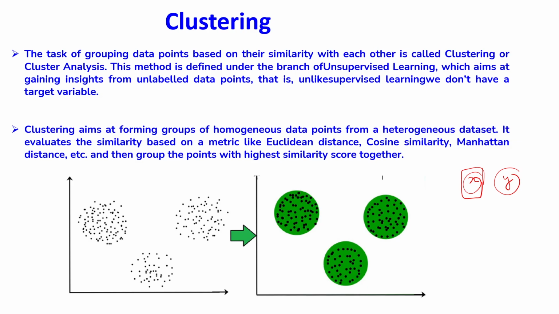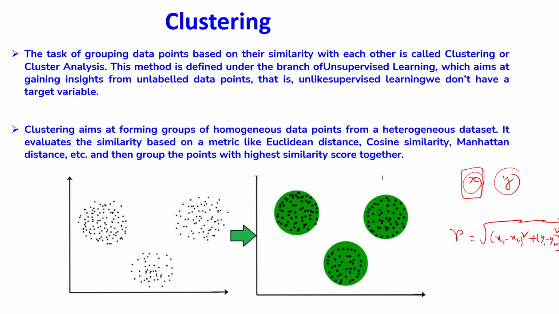When you plot it, our idea is to form groups of homogeneous data from heterogeneous data sets, because it allows us to find similarities based on a metric like Euclidean distance, cosine similarity, Manhattan distance, and many other things. Euclidean distance, R, is the square root of (x1 minus x2) whole squared plus (y1 minus y2) whole squared. That is what Euclidean distance is.